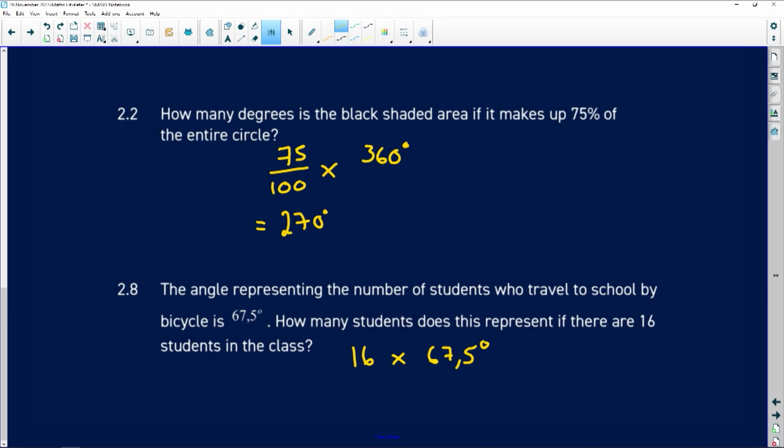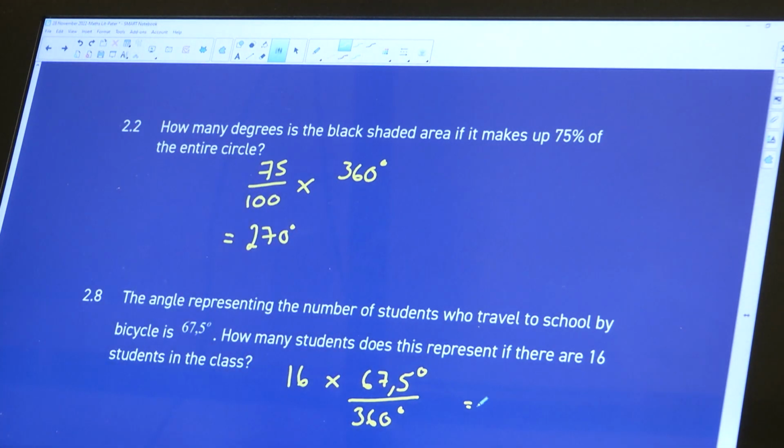But that 67,5 degrees is actually out of 360 degrees. So of the full 360 degrees that we've got, only 67,5 degrees of that circle represent the number of students who go to school by bicycle. So that's what we're going to do now.